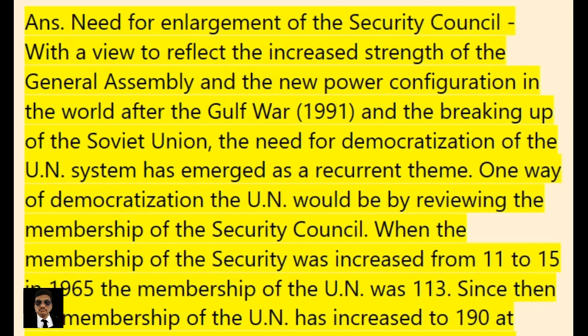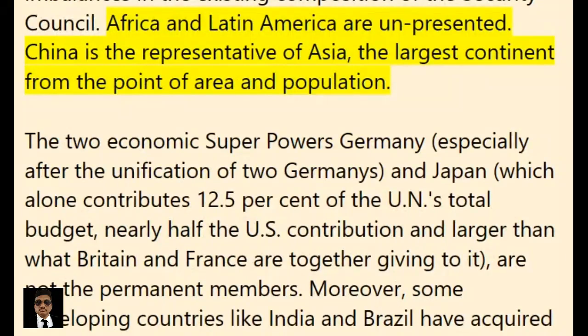Besides this, there are other imbalances in the existing composition of the Security Council. Africa and Latin America are unrepresented. China is the representative of Asia, the largest continent from the point of area and population.